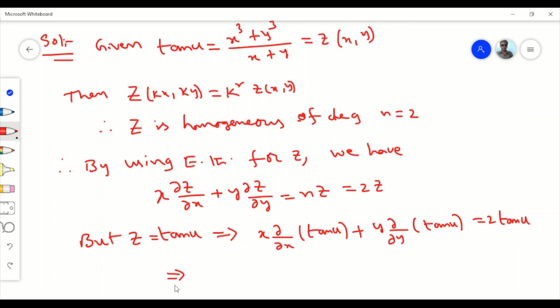Now this is x into, the derivative of tan u is secant square u, dou u by dou x, plus y into secant square u dou u by dou y, equal to 2 tan u.